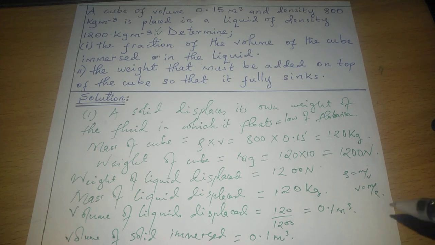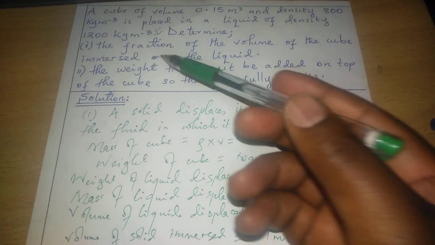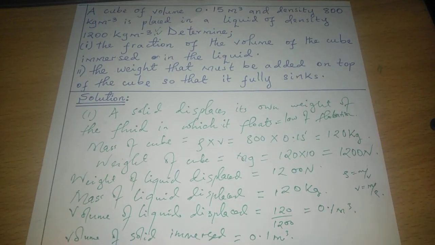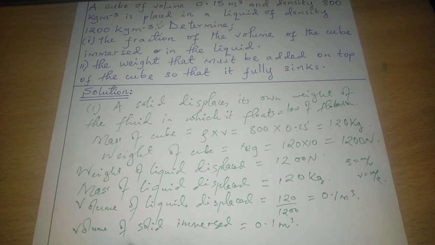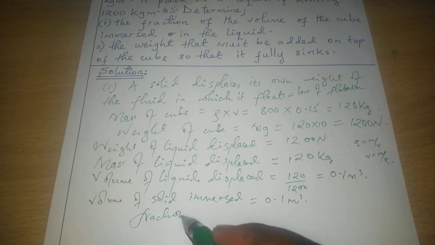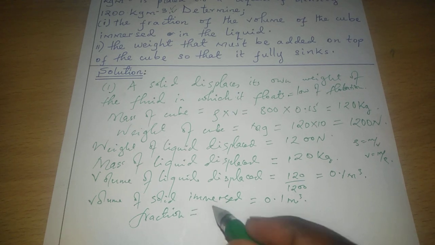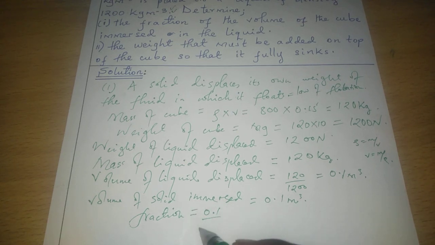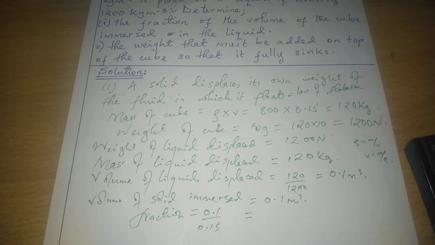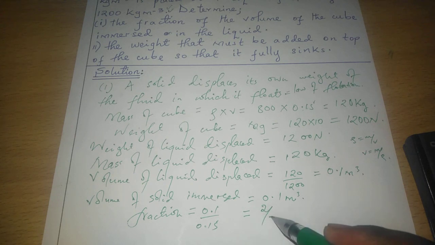Now that we know the volume of the solid that got immersed in the liquid, and we are told to find the fraction of the volume of the cube immersed in the liquid, we take the fraction immersed out of the total volume. Taking 0.1 divided by 0.15, the fraction is going to be 2/3.